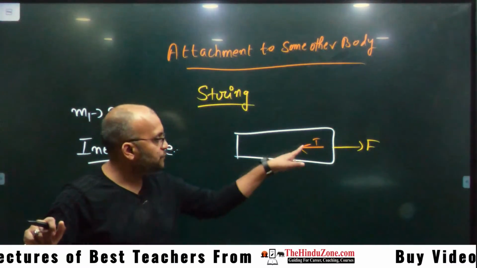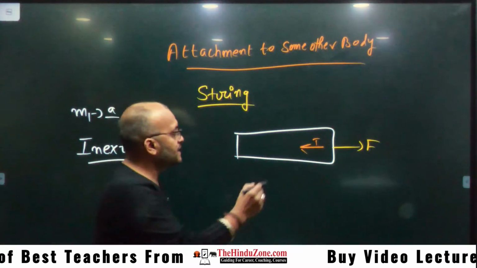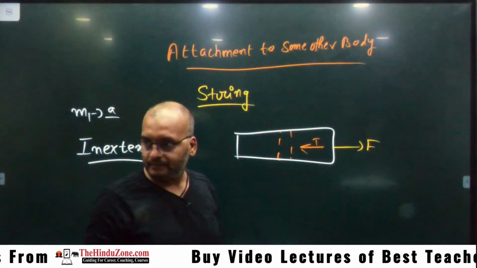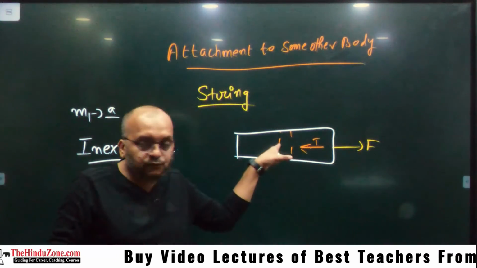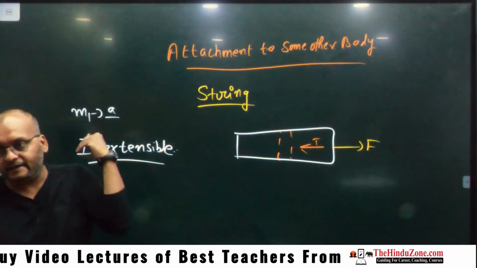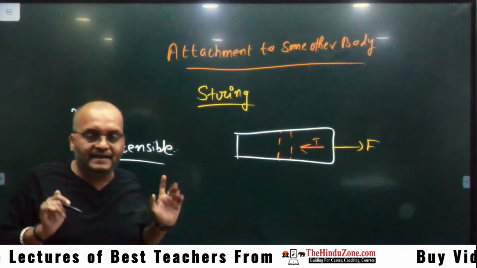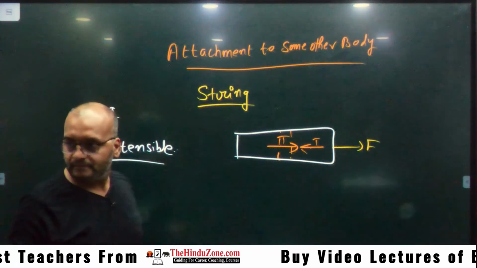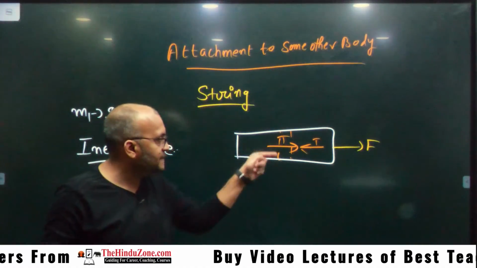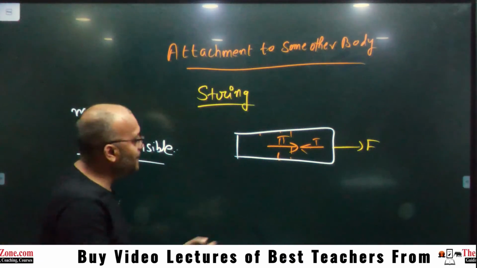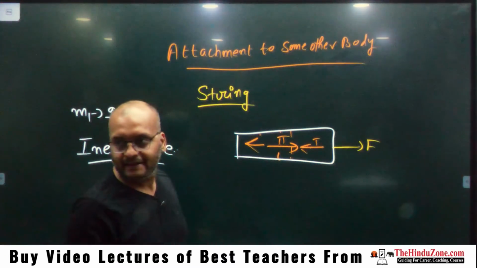Now, when this force is applied in this direction, then this portion of rope will oppose this tension. Because what will this portion feel? It will feel that force is applied towards it. So it will try to protect itself. Now it will apply force in this direction, tension. When force is applied in this direction, this portion will feel stressed. So it will apply force in the opposite direction.